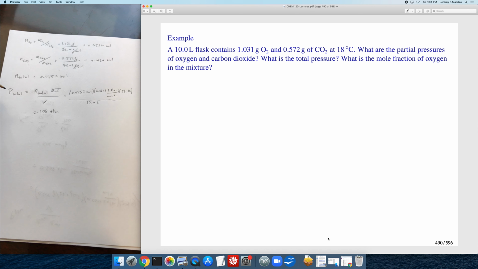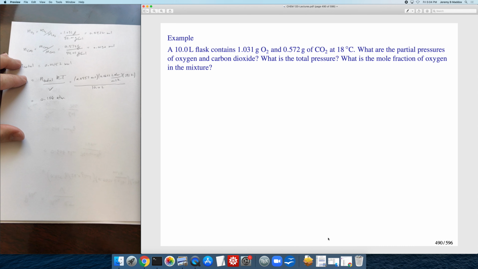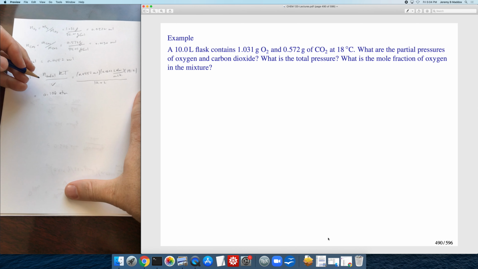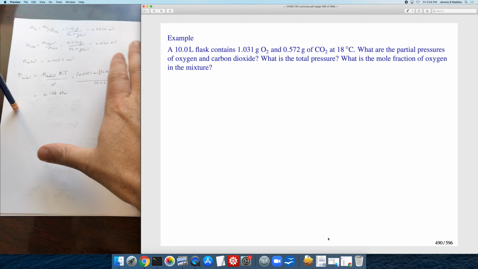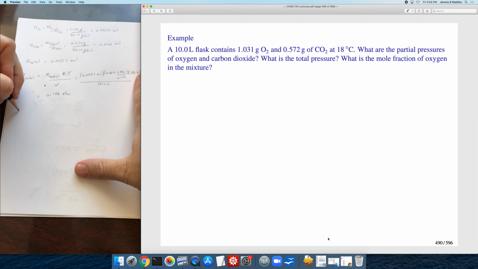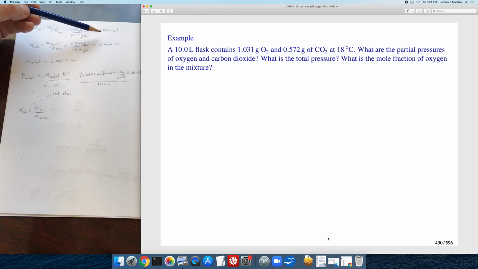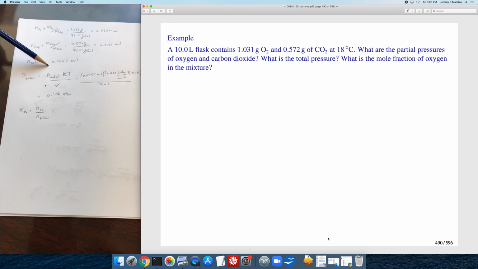What would be the partial pressures of O2 and CO2? Well, since we have the moles already, and we also need to calculate the mole fractions, let's just calculate the mole fractions of each component. So the mole fraction of O2 will be the number of moles of O2 divided by N total. So I'm going to take the 0.0322 and divide it by the 0.0452.